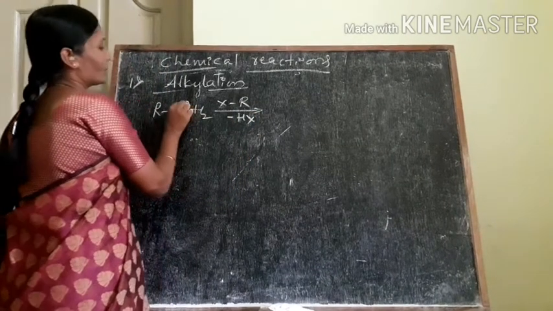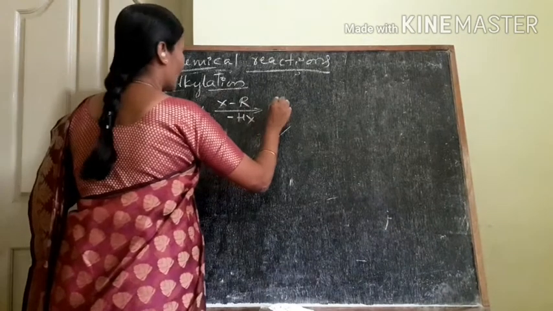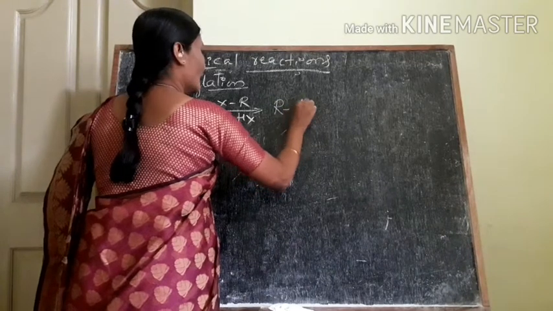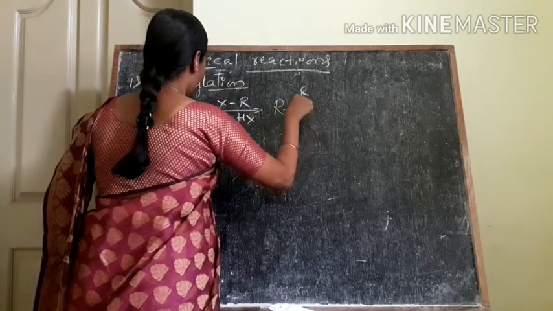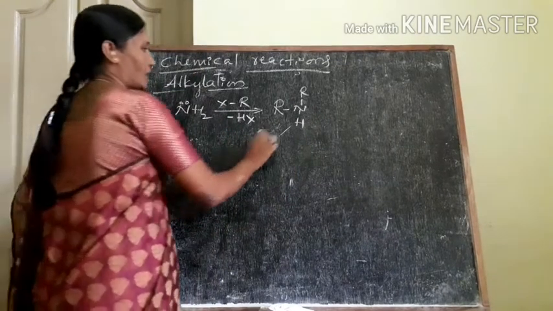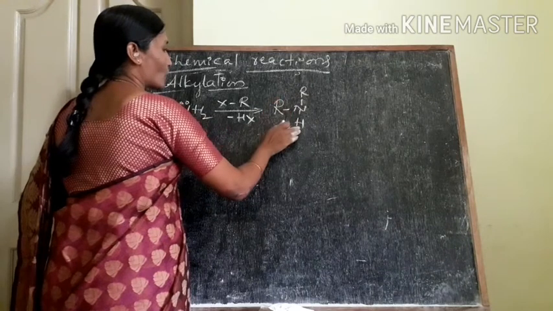Nitrogen donates to that alkyl group. Now it becomes R, N, R, and H. Yes, this is said to be an alkyl substituted amine.